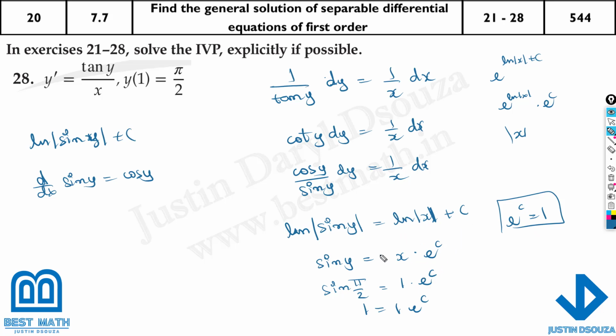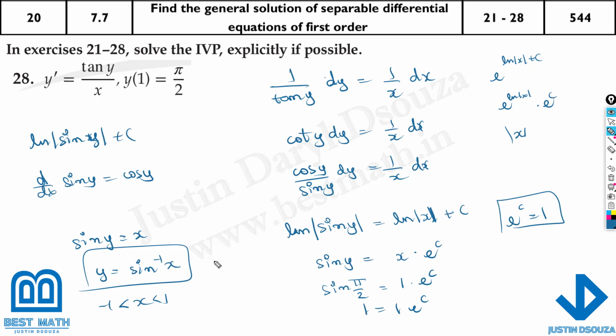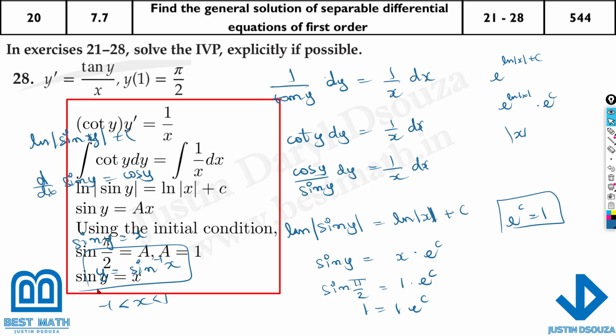So now we'll just substitute back in this equation. See, sine y is equal to x into 1, which is x itself, or y is equal to sine inverse of x. This is the answer. And the domain will be less than 1 and greater than minus 1. So that must be the answer. So here we go. They have just written sine y is equal to x.